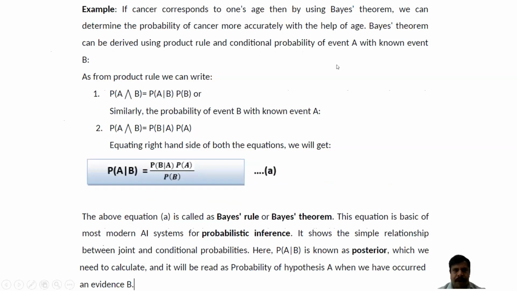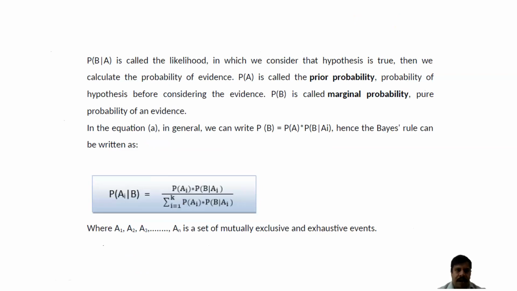Before considering an example, let us see some terminology. P of B by A is called the likelihood, in which we consider that the hypothesis is true. Then we calculate the probability of evidence. P of A is a prior probability because A has already occurred.